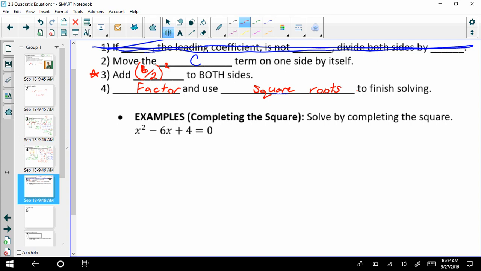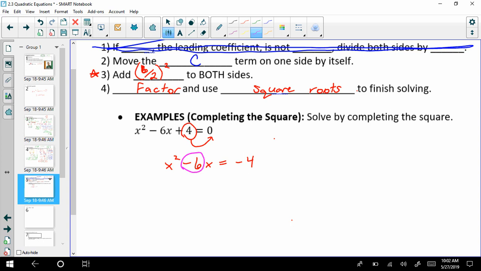So what I'm going to do is take the constant term, the c term, and move it to the other side. To move it to the other side, I would have to subtract 4. Okay, so that's the first step. The next step, I want you to focus on the b term, which is sitting in front of x.